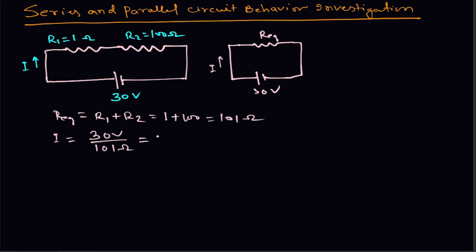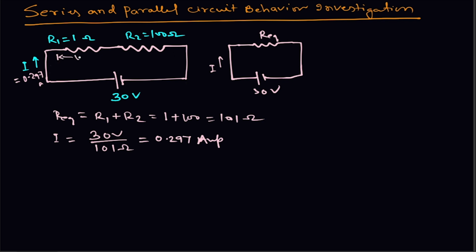That is 0.297 ampere. So this current will flow in the equivalent circuit. So this current is 0.297 ampere.